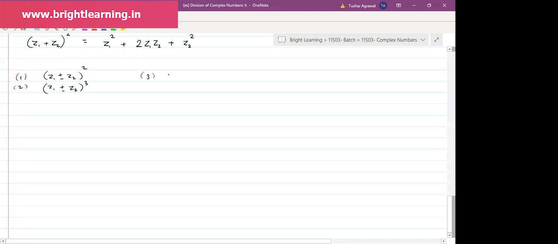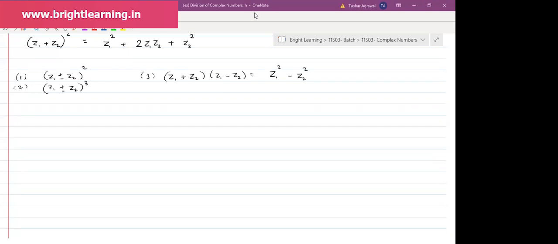Or shall I write these identities for you? Z1 plus Z2 multiplied by Z1 minus Z2 will be equal to Z1 square minus Z2 square. Are these identities clear to you, the same as the ones we used for real numbers?